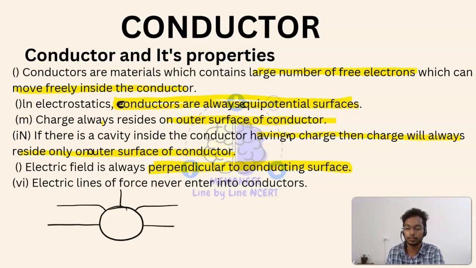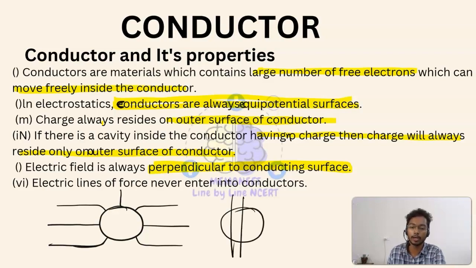Okay, this is how the electric lines of force touch the conductor. Then, electric lines of force never enter into the conductor. If a conductor is present and the lines of force go inside like this, that can't be possible, because inside the conductor there will be no electric lines of force.